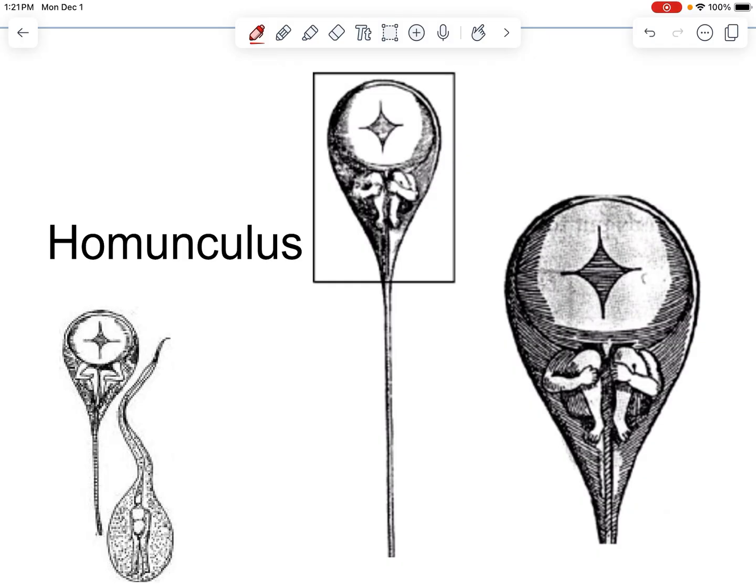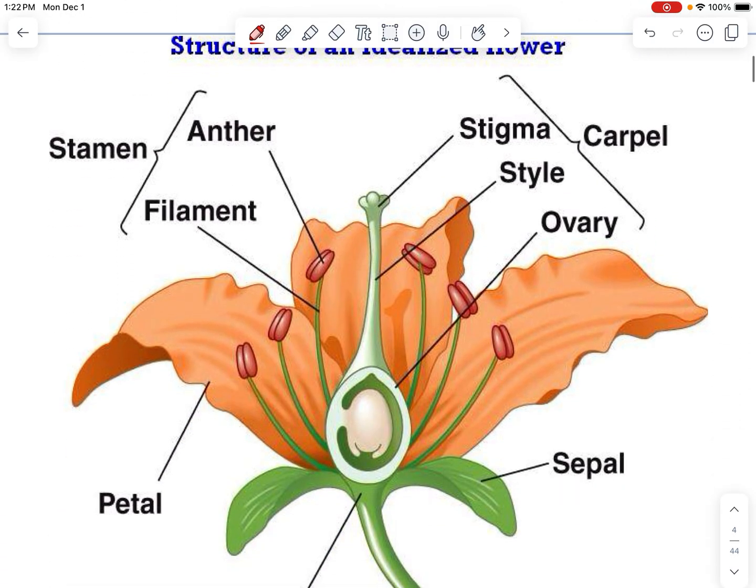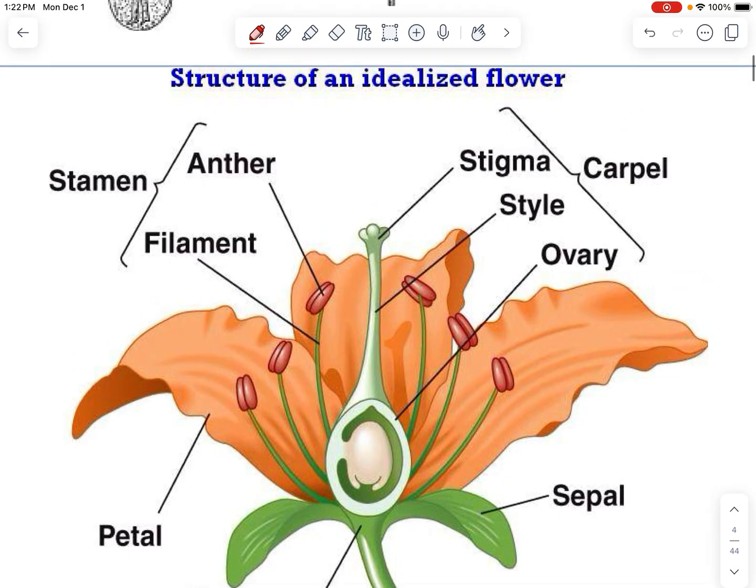But Mendel, after he had published his work, was still not quite understood as to exactly what he was looking at. Now, for a flower here, there's really two things that we can look at. This is referred to as the female sex part of the flower. It's called the carpel. And the stamen is going to be the male section of the flower.